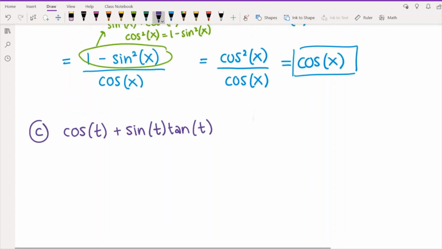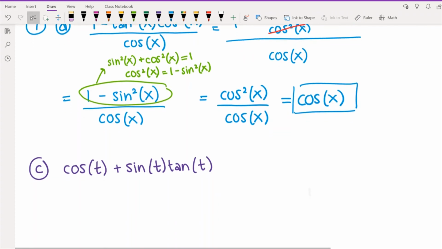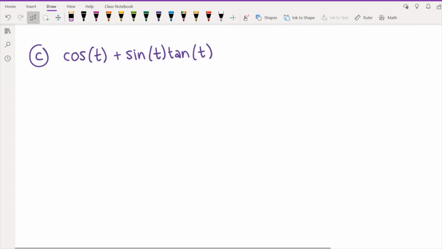And maybe one thing I should mention going back to the previous one: you could have actually started by splitting it up into 1 over cosine of x minus this stuff. That would have worked as well, but I think it would just get you to the same place in a different way. So I'd encourage you to try it that way and see what you get. A lot of the time there's multiple ways to do it, and usually the way I'm showing you is probably the fastest way, but that doesn't mean it's the only way.